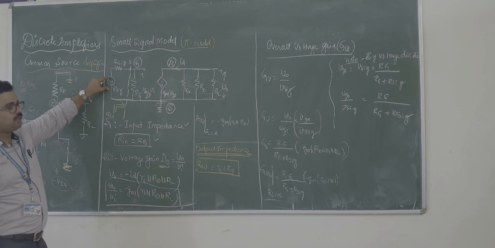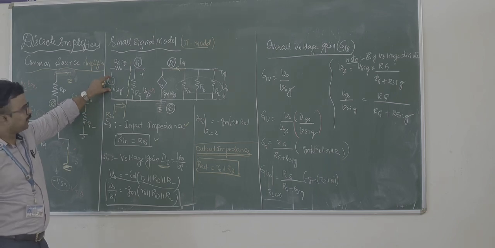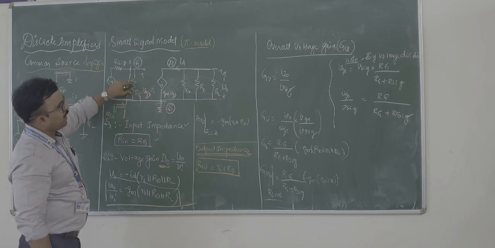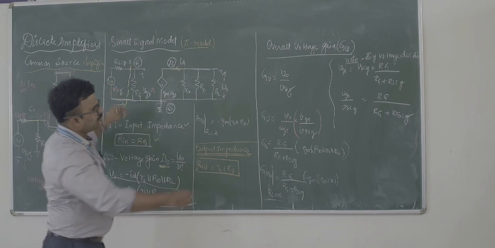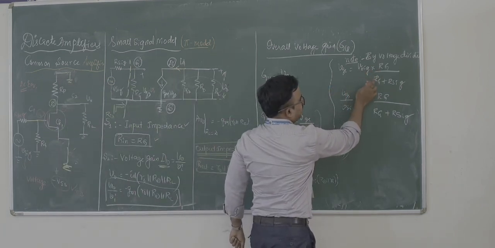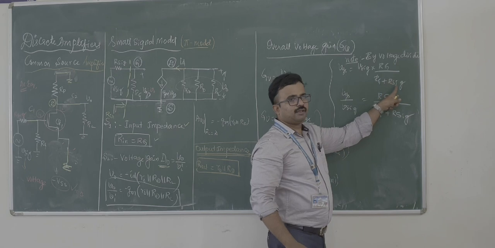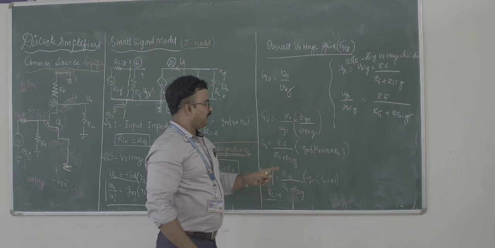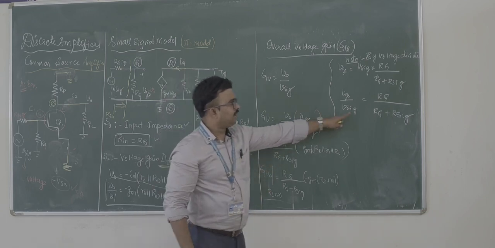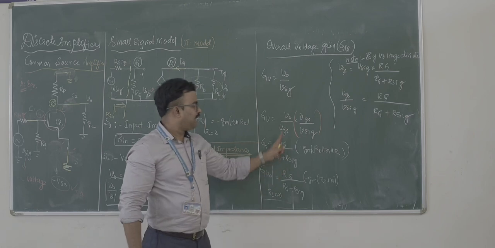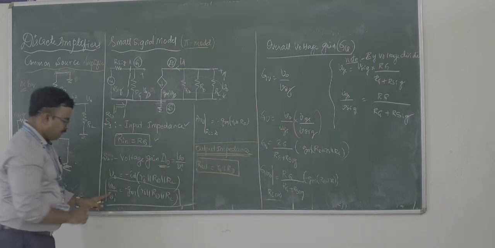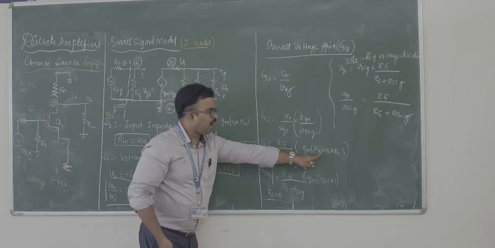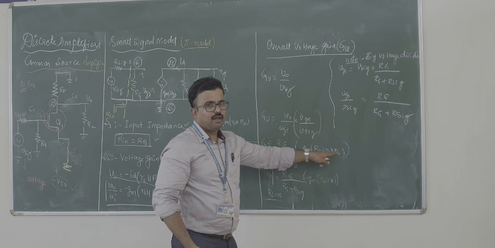You have the input source Vsig, and VGS is equal to RG into Vsig divided by the sum of the resistances, RG plus Rsig. So VGS by Vsig is RG divided by RG plus Rsig, and Vout by VGS, or Vout by Vi, is nothing but the voltage gain, which is equal to minus gm RD parallel r0 parallel RL.